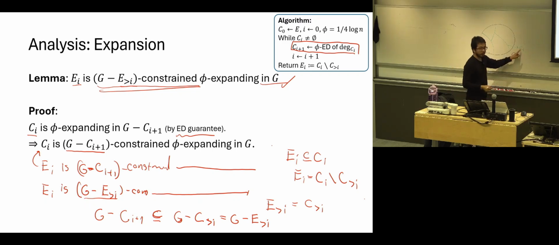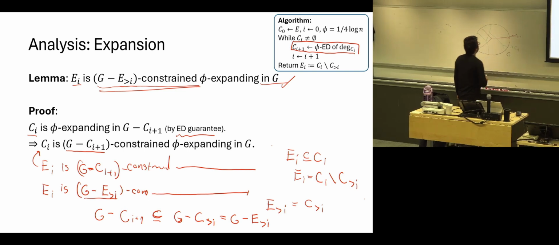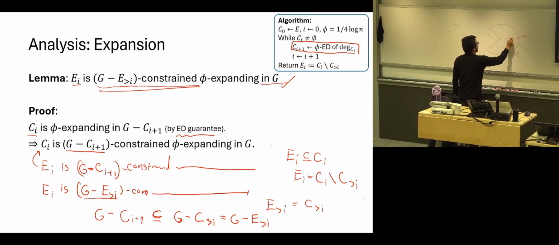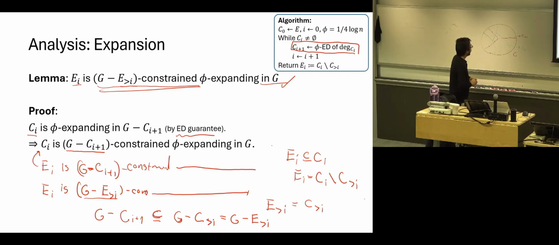We do expanded decomposition with respect to Ci, and then you get maybe Ci plus 1. Ci plus 1 is smaller, it doesn't really matter. But what does Ci plus 1 say? It says that this thing, Ci in this component, is expanding in this part. And the same is true here.